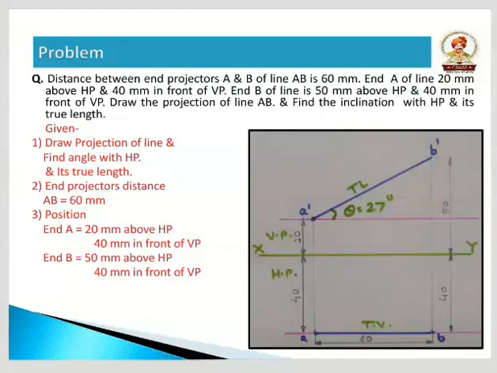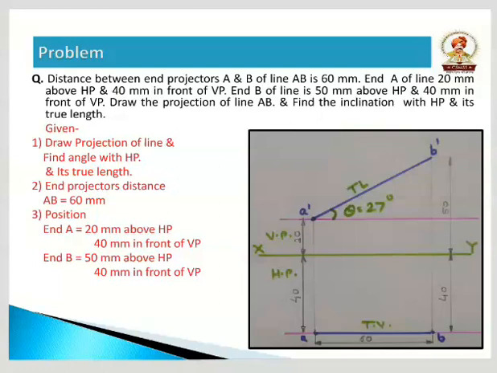End projector distance AB is equal to 60 mm is given. Position: end A is 20 mm above HP and 40 mm in front of VP. End B is 50 mm above HP and 40 mm in front of VP.